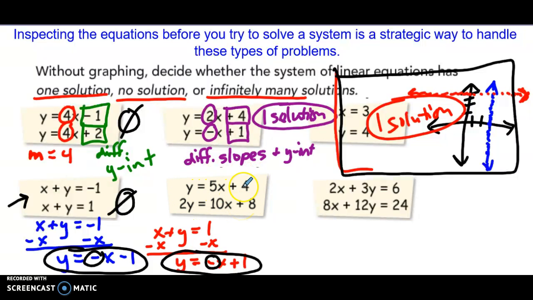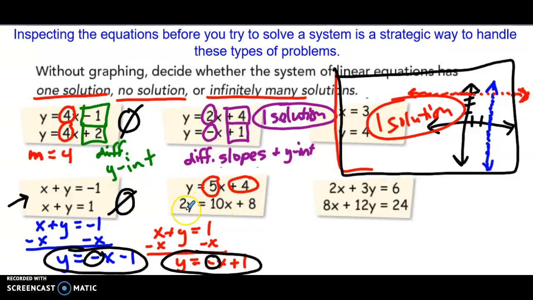Let's take a look at our fifth example. y equals 5x plus 4. Thank goodness we're back to slope-intercept form, so I can easily see my slope and my y-intercept. But my second one is not exactly in slope-intercept form because it's not solved for y. I have 2y. However, I noticed that in this second equation, each term is twice as big as in the equation above.